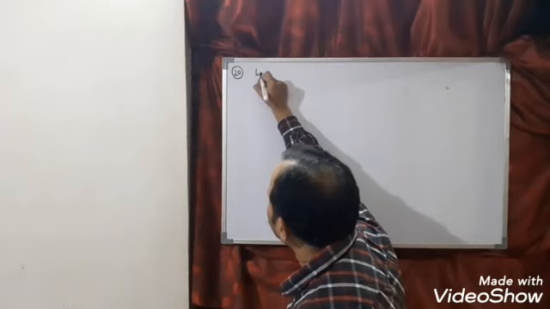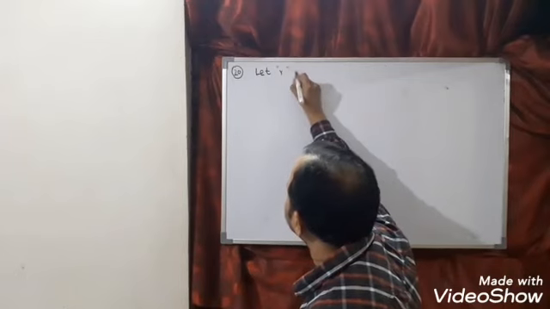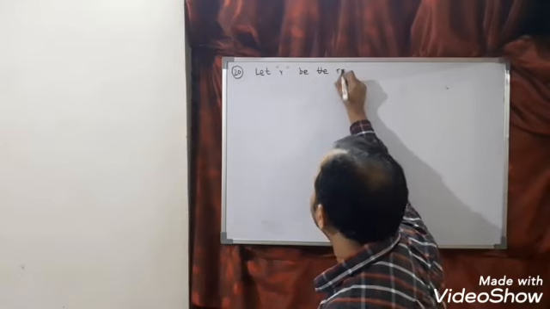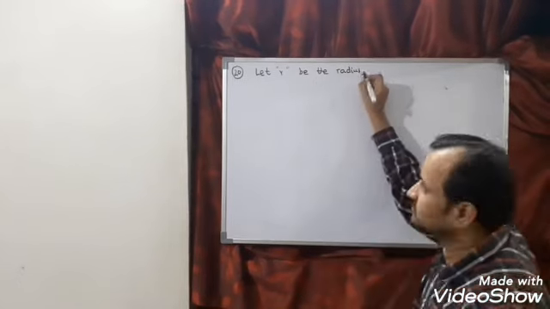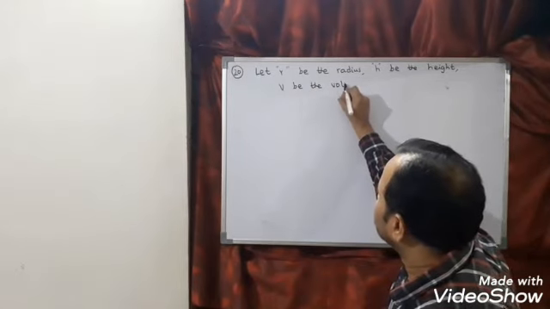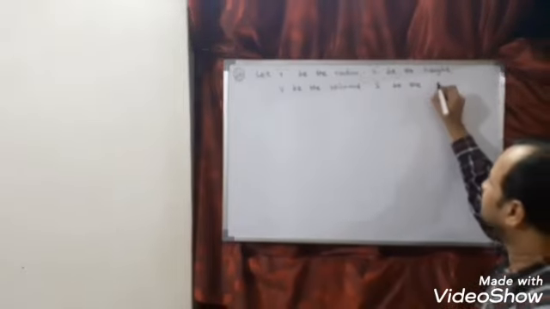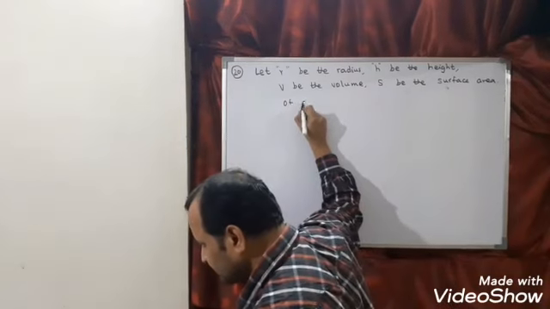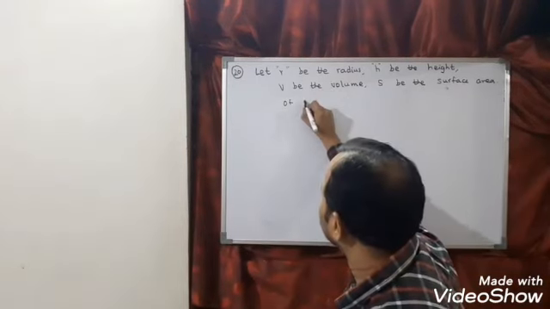So here I can say, let r be the radius, h be the height, V be the volume, and S be the surface area of, here I can say, right circular cylinder.